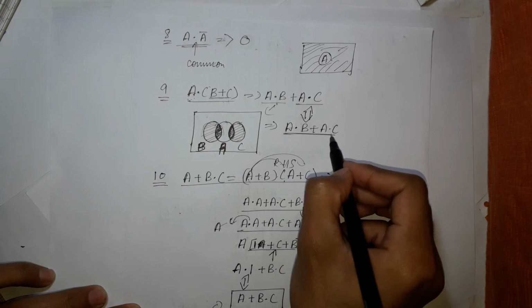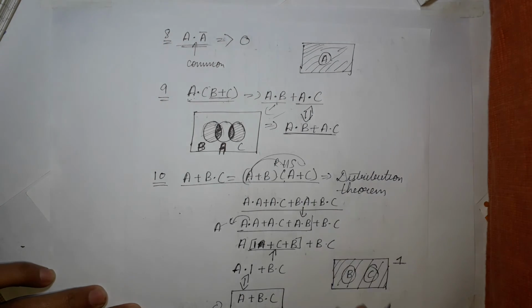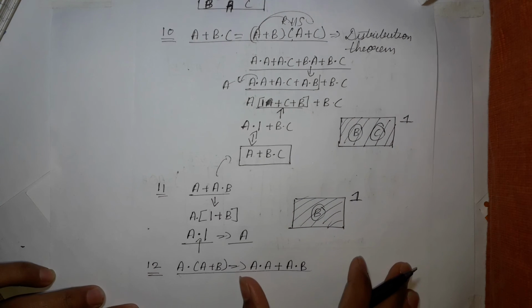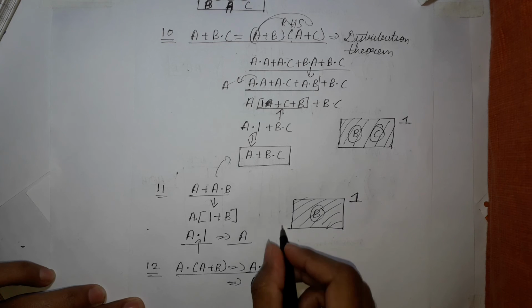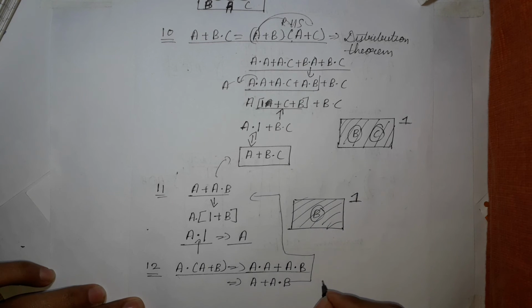We distributed here, we verified it using the Venn diagram. So we are just using that in question number 12. Now what is common between A and A? It's nothing but A. So we are left with this. Now it becomes similar to our question 11, whose answer was A.